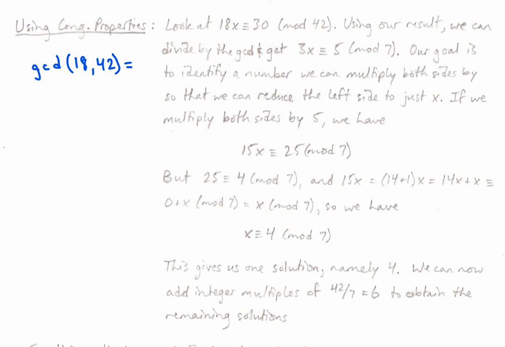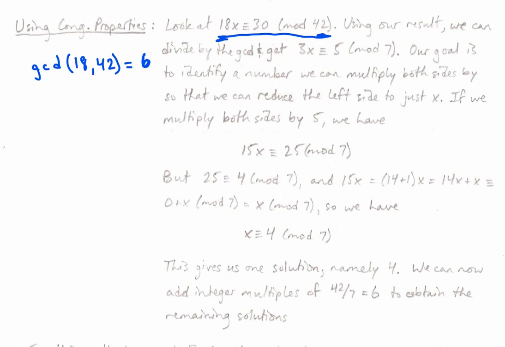We're going to solve the linear congruence 18x is congruent to 30 mod 42. First thing we always have to do, check to make sure that the GCD of your A value and your n value divides your B value. So the GCD of 18 and 42, really not too bad to find out that that is 6. And 6 does divide 30. So we do have integer solutions.